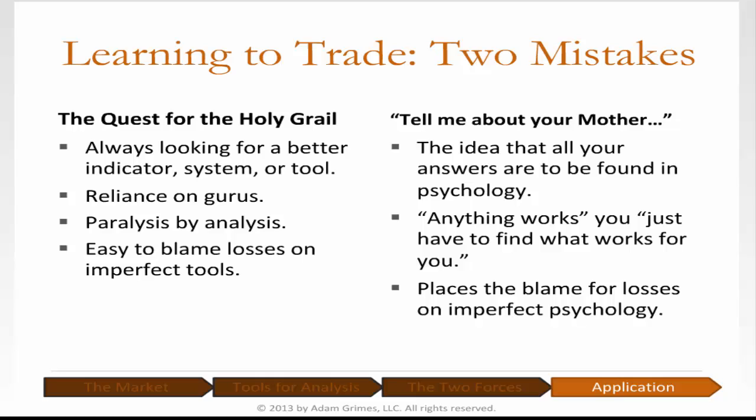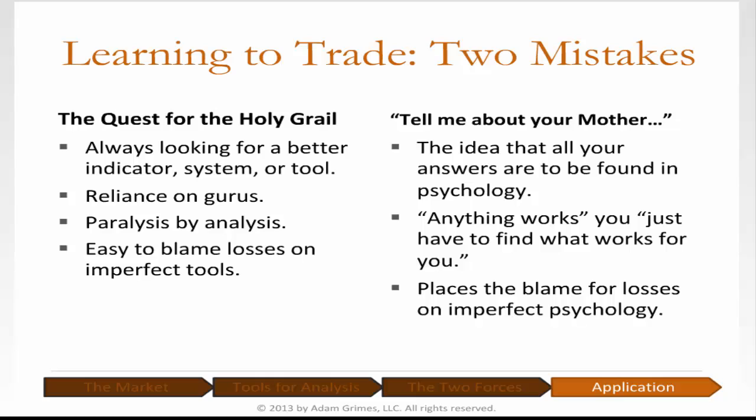And when you're developing your trading strategy, when you're developing your trading methodology, here are two mistakes that I think people make. And I think the reason that it's difficult to understand these is because both of these are a little bit right. One of them is the quest for the Holy Grail. So you're always looking for the better indicator, system, or tool.